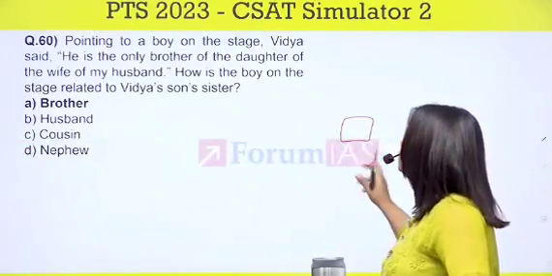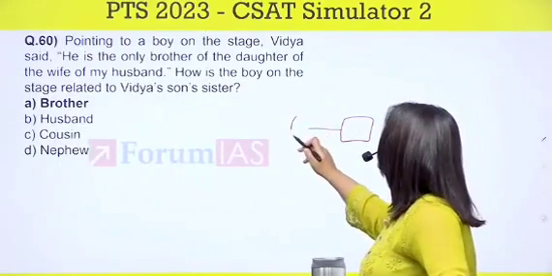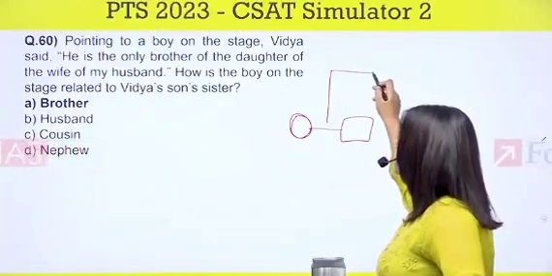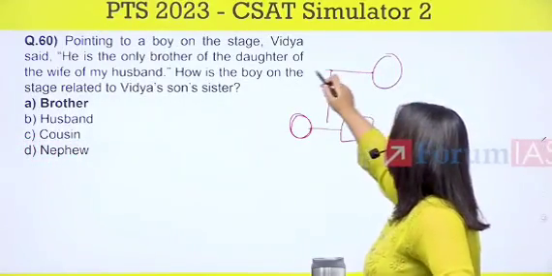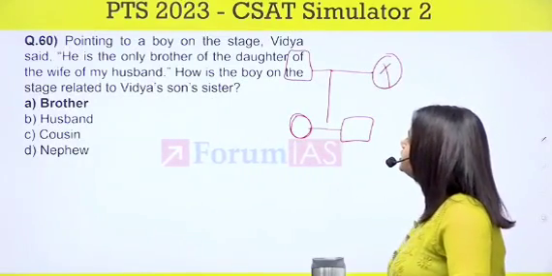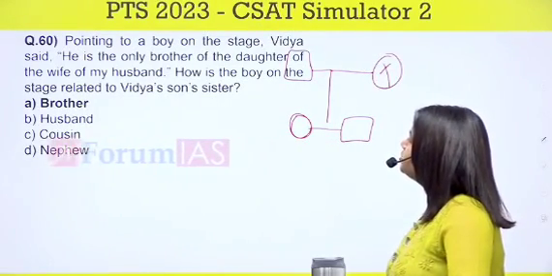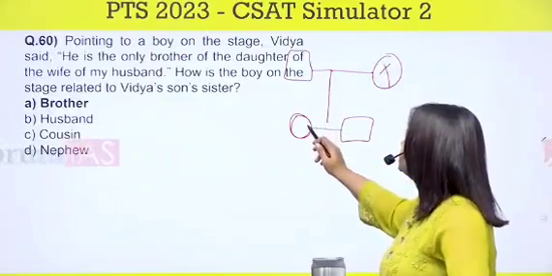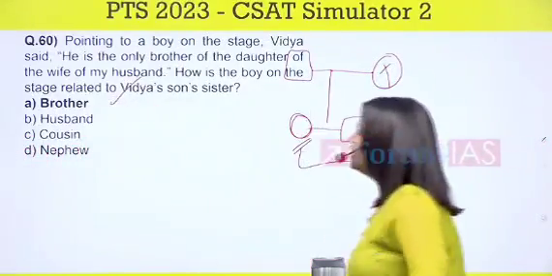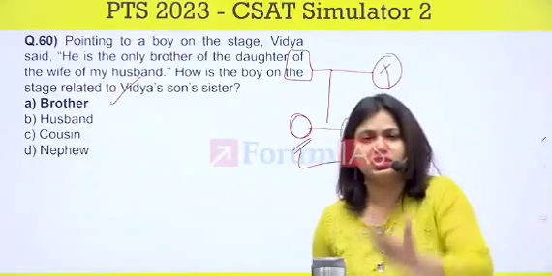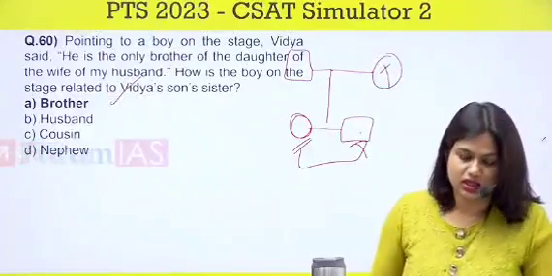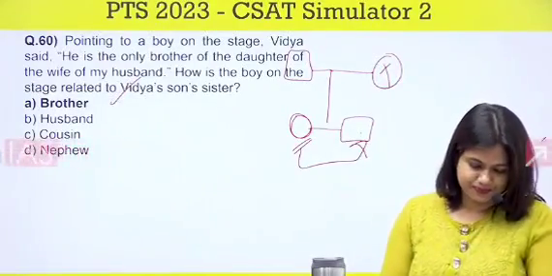So this boy is the only brother of the daughter of the wife of my husband. How is the boy on stage related to Vidya's son's sister? He is her brother. That is what I have to answer. Again, it sounds like a riddle. The language is a little bit confusing, but you just have to keep following what they're saying. Okay, so that is question 60.